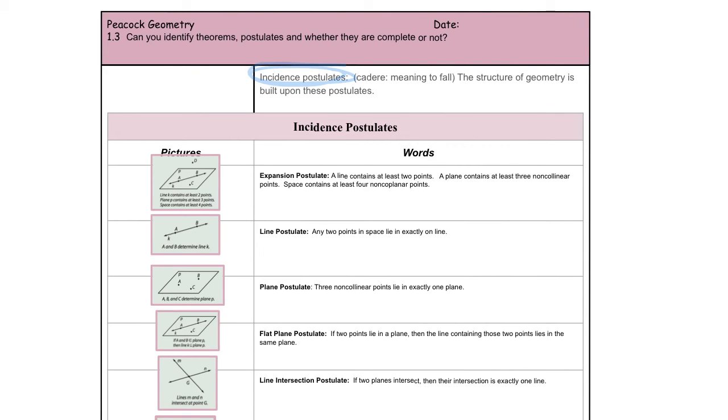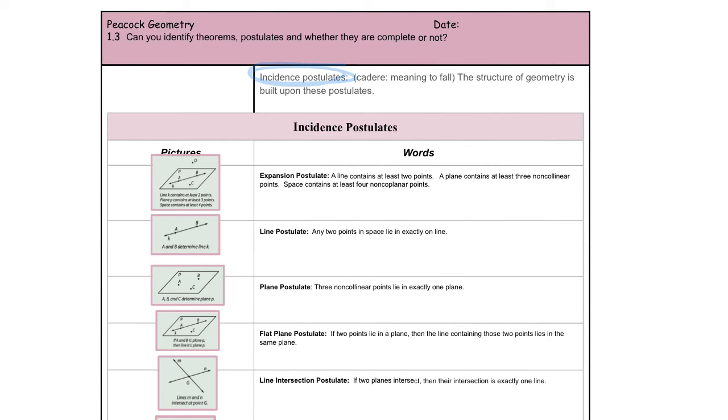Our first incidence postulate is the expansion postulate. The expansion postulate says a line contains at least 2 points, a plane contains at least 3 non-collinear points, and space contains at least 4.